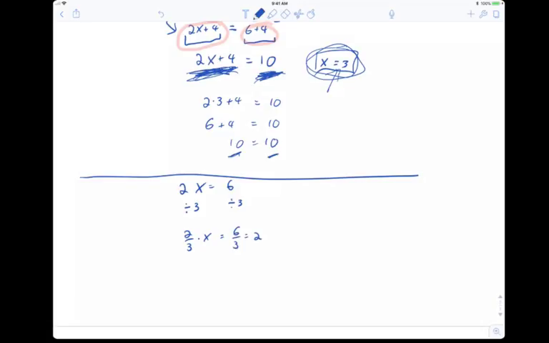Okay? So this one has the solution x is equal to 3, and then 2 over 3 times 3 is equal to 2, and this is equal to 2 is equal to 2. x is equal to 3 is a solution of this one. Dividing by the same number did the same thing on both sides.